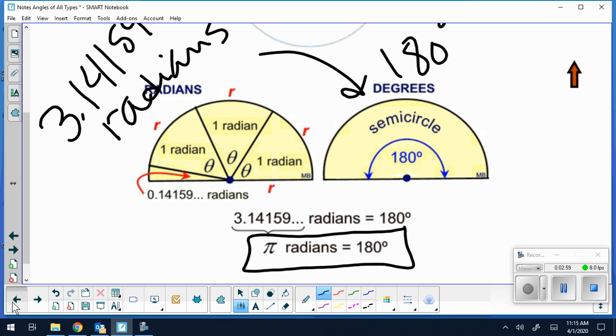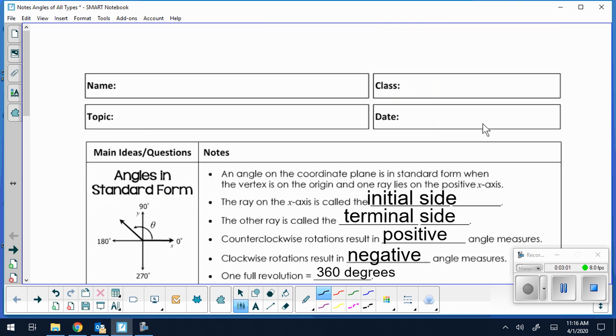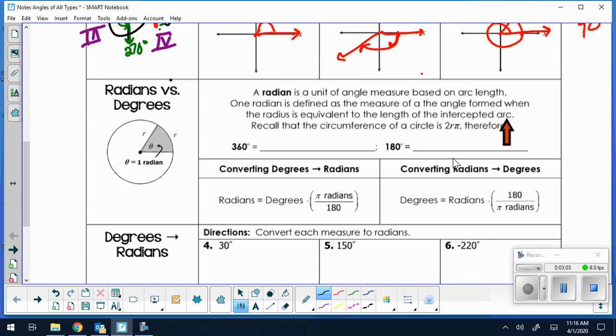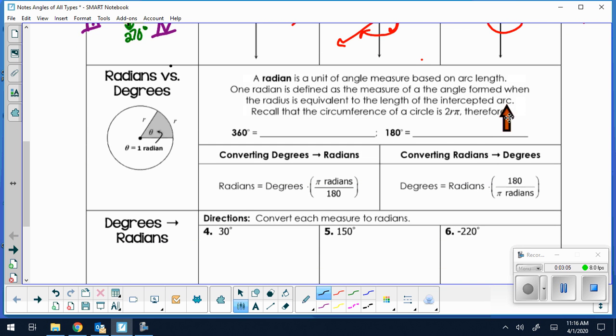Okay, so let's go back to our official notes. And what we're going to say here, I'm going to start over here at the 180 because that's the one that makes more sense to me. 180 is equal to pi radians, which means 360, which is 2 times 180, is 2 pi radians.